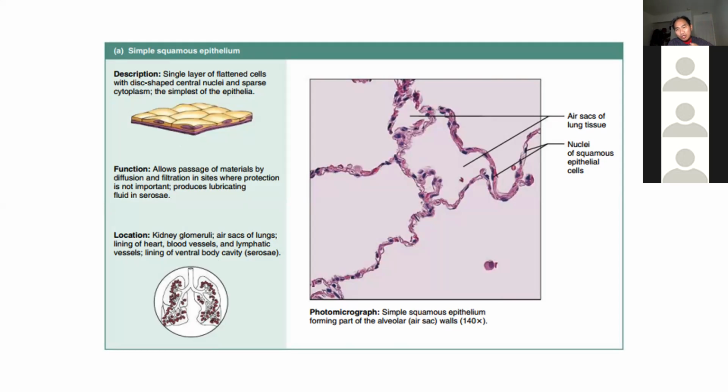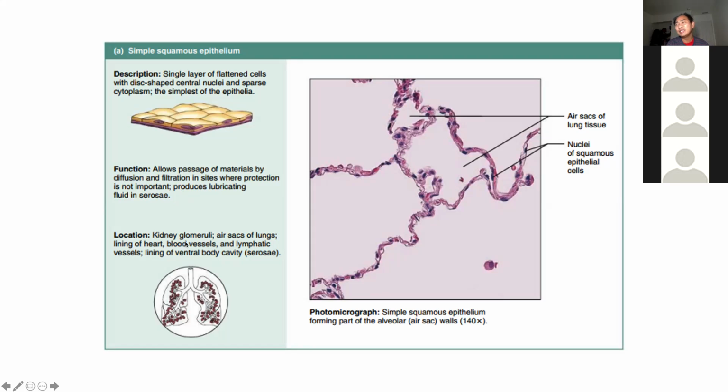It is for diffusion. Anything can go through this thin layer of cells. So therefore, they will be used in diffusion and filtration. So this sort of function, we will use it in the kidney.